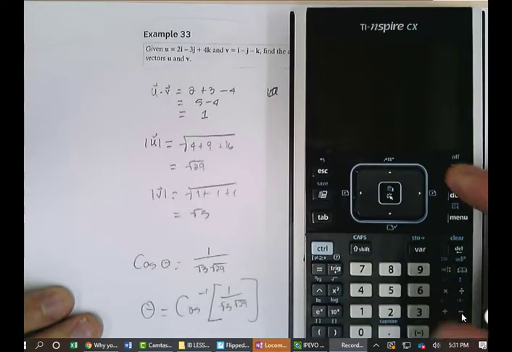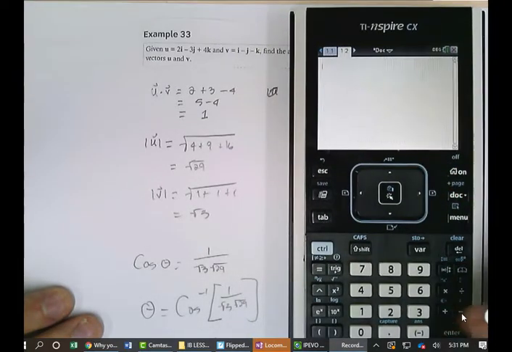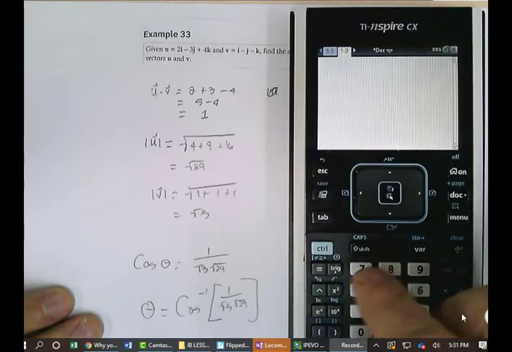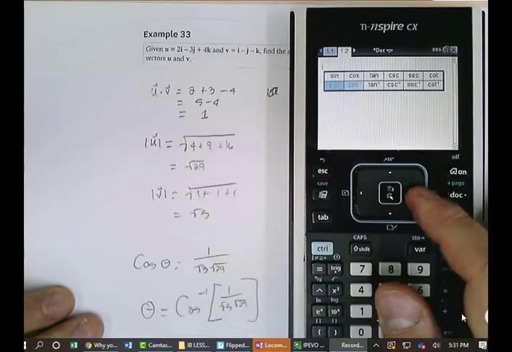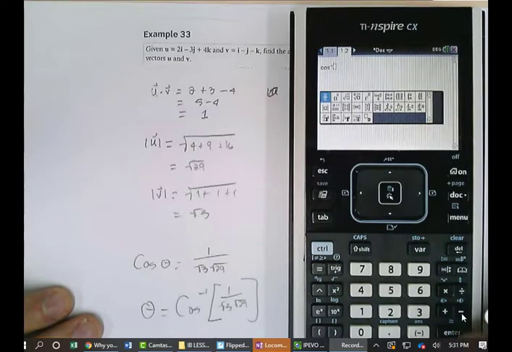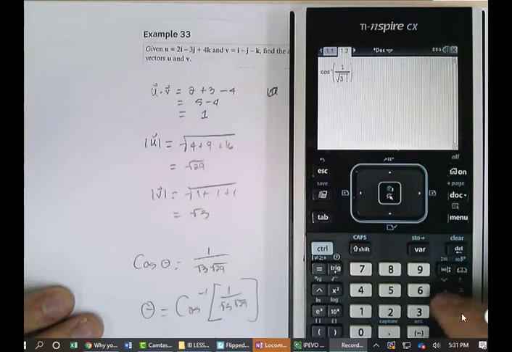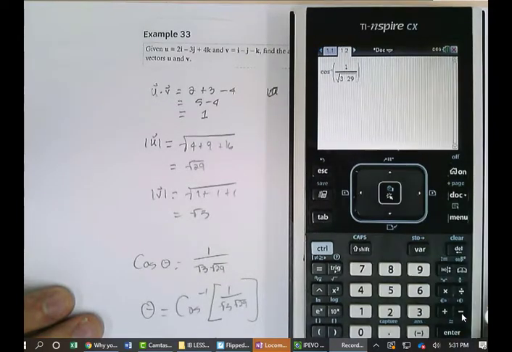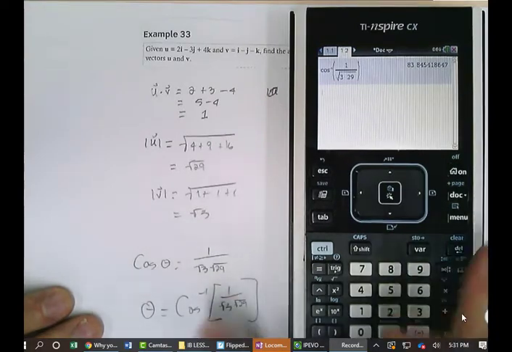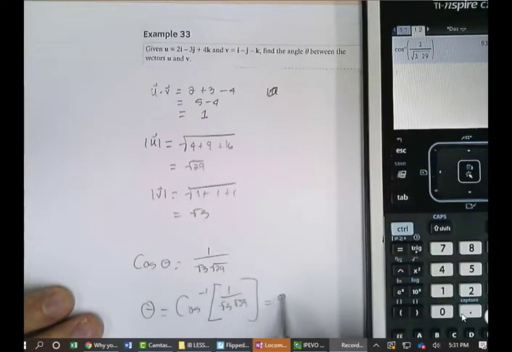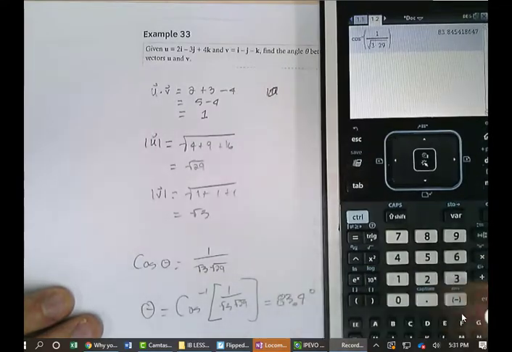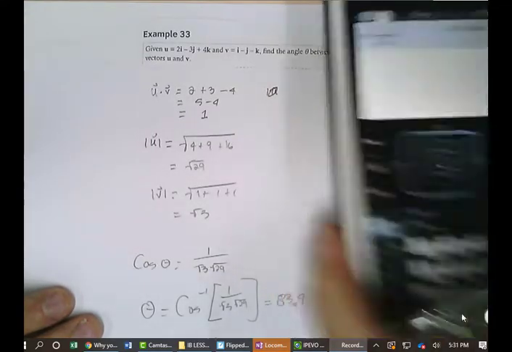I'm going to go to trig, cosine inverse of the ratio 1 over root 3 times 29, and it's going to come out to roughly 83.4 degrees. So this is approximately 83.4 degrees. Sound good? So there we can use the dot product to find the angle between the two vectors.